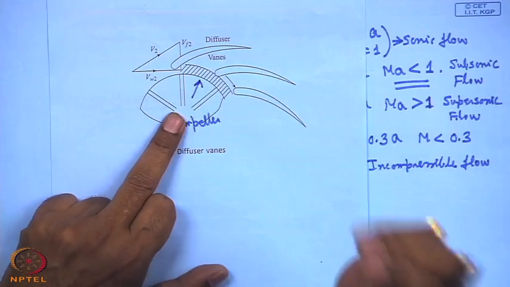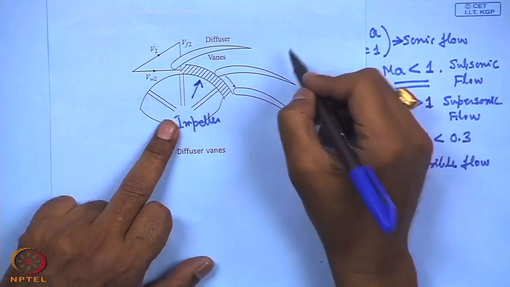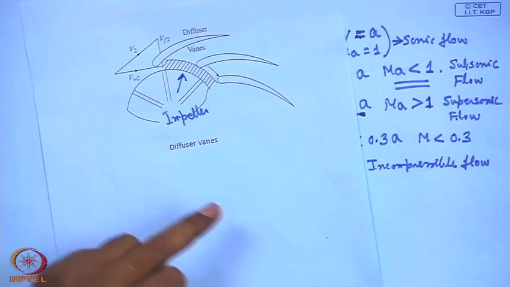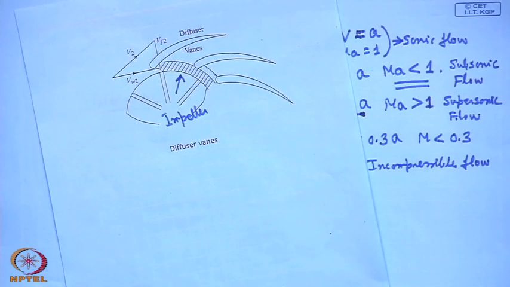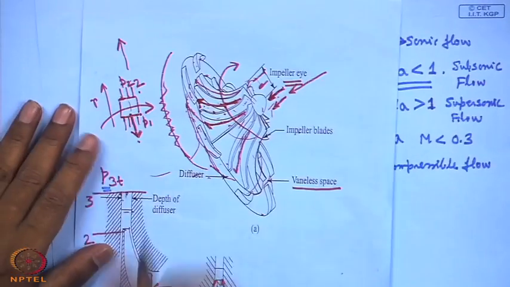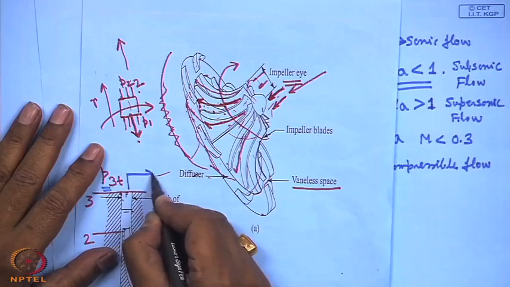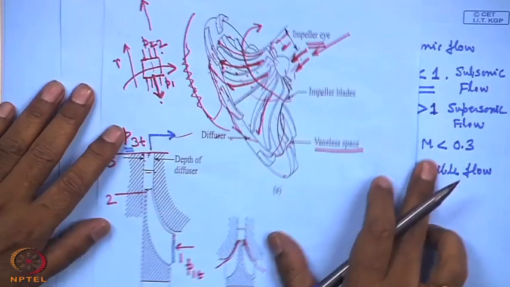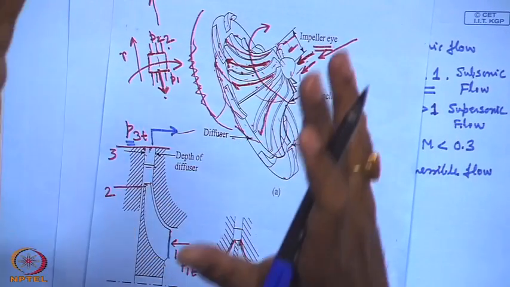But we want finally from the outlet of the compressor, that means if you see this diagram, it will be better, that at the outlet of the compressor from here, the delivery, we want air at relatively much low velocity, but at high pressure. Why?